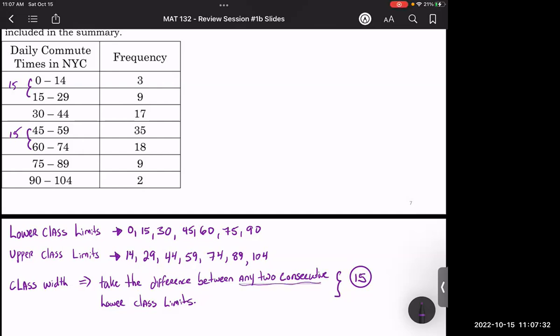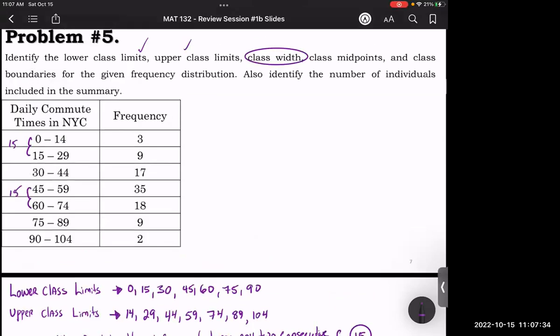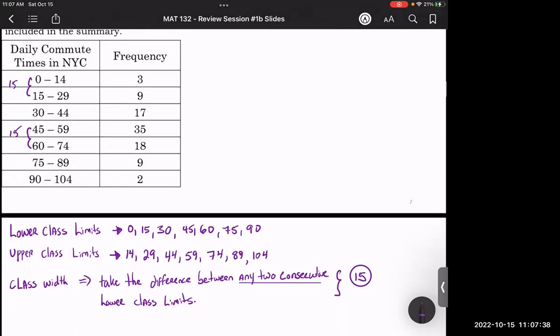All right, so we took care of that. Now we can take care of class midpoints. Class midpoint is when you take the sum of the lower class limit and the upper class limit, add those two values together, and then divide by 2 for each class. I'm going to extend my table out a bit and call this midpoint.